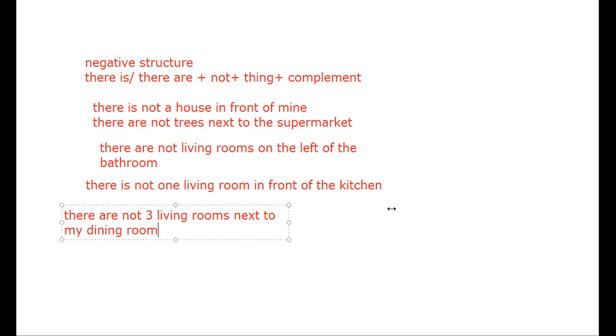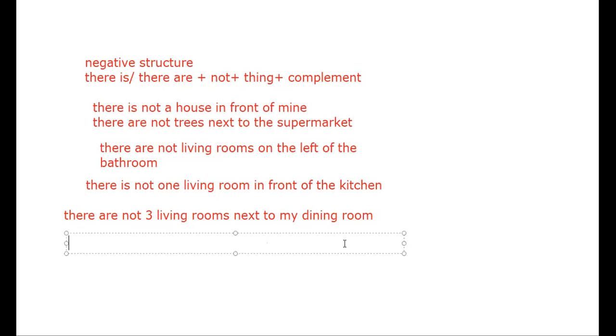Manuel, what about you? There is not a 3 bedroom. There is not is for singular. And you mentioned plurals, Manuel. Oh, ¿Sería aquí? ¿Cuál? En lugar de is, are. Thank you.